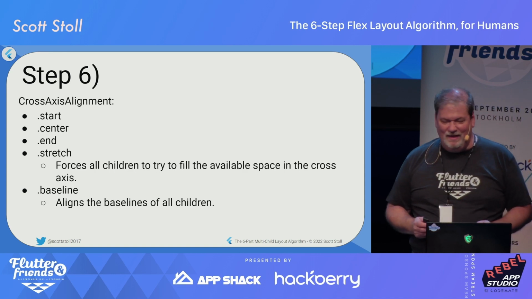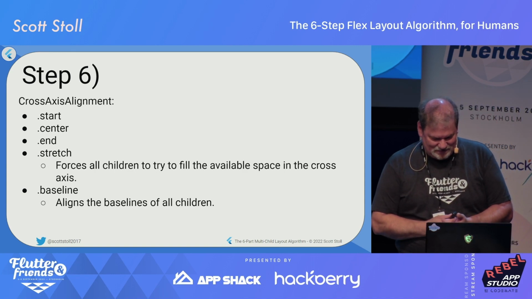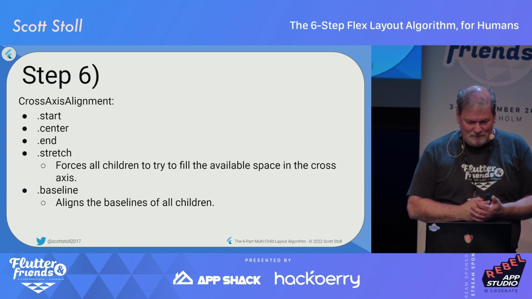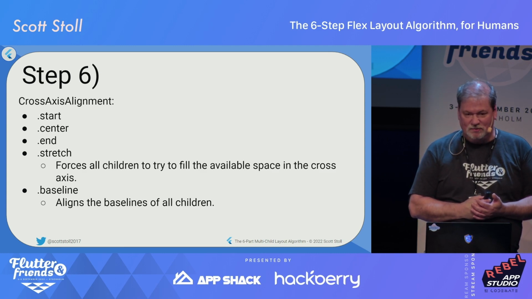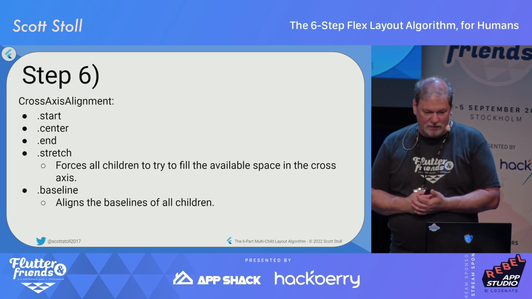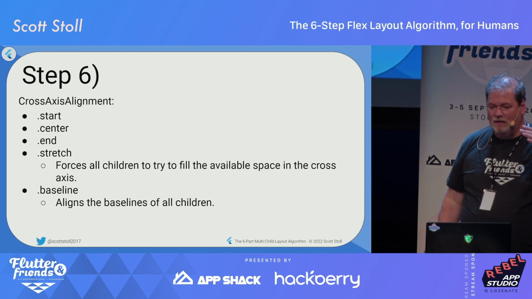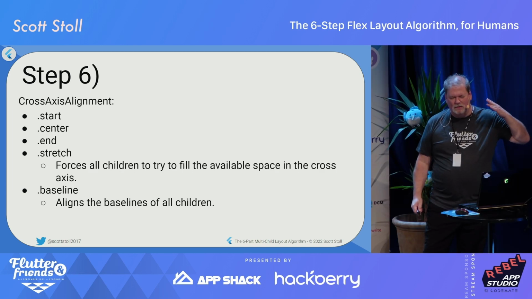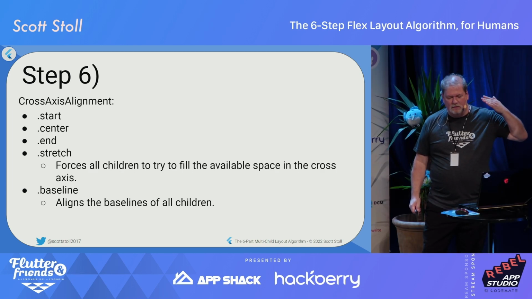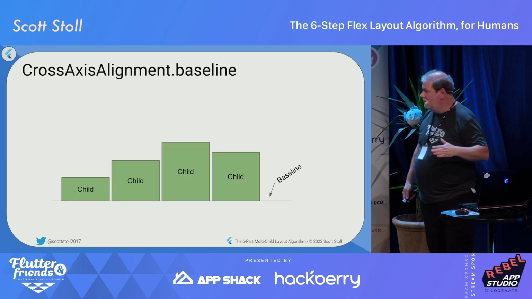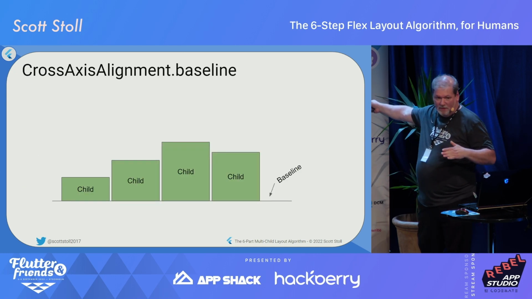Baseline. Here come the next two fun ones. Baseline, in the cross-axis, we're going to take a look at a row. And what that basically means is we're going to take a look at putting the bottoms on the baseline.